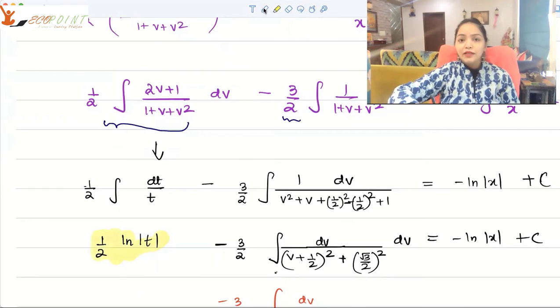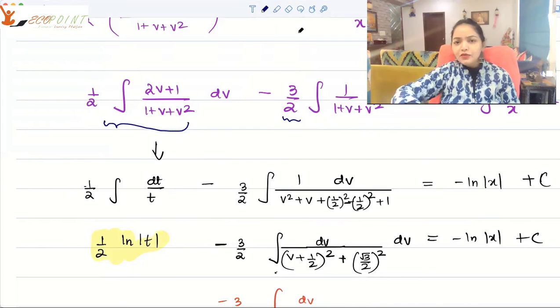But this term is not that simple, since you have 1 plus v square. So I've created an x square plus a square scenario in the denominator. What I've tried doing here is what you will have to also do.